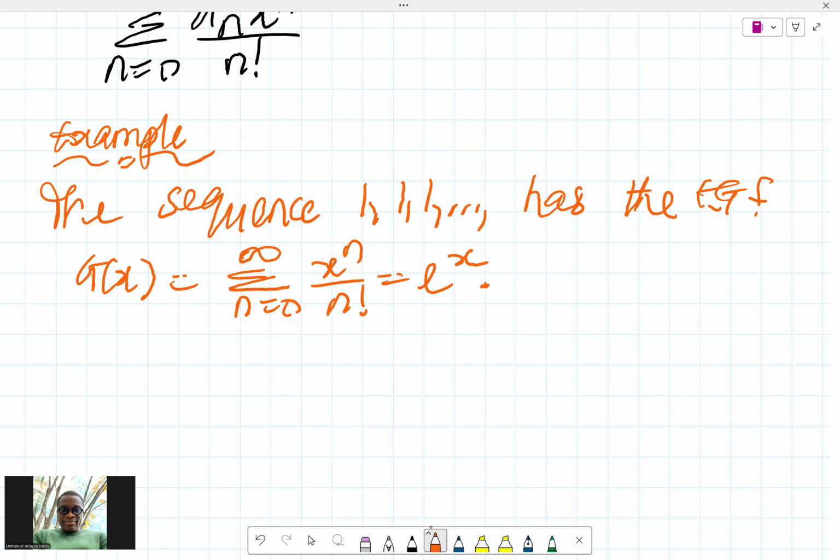If you start from 0, you have 1. If you go to 1, you have x. If you go to 2, you have x squared over 2 factorial, and so on and so forth. So at the end of the day, it's e raised to power x. So let's talk about other variants of generating functions.